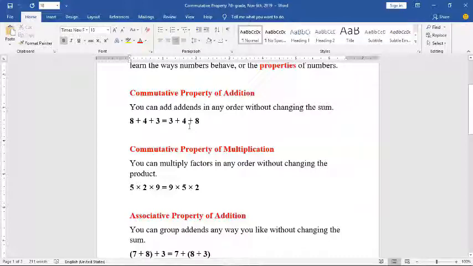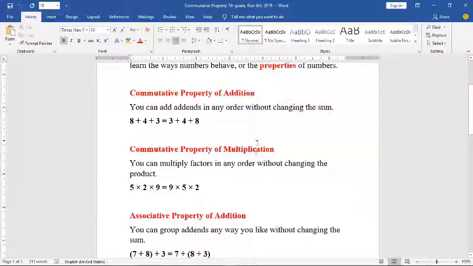And this is what we call the commutative property of addition. You see, they commute. In the word commutative, we find the verb commute. It's the same here and here too. You can add addends in any order without changing the sum.